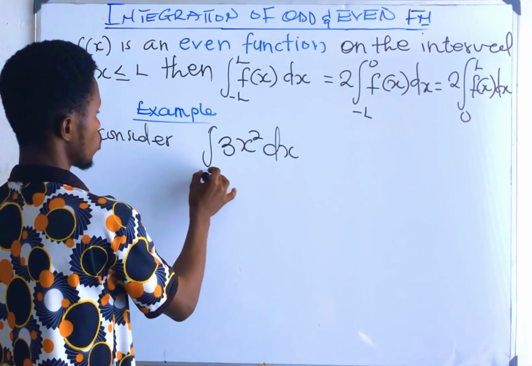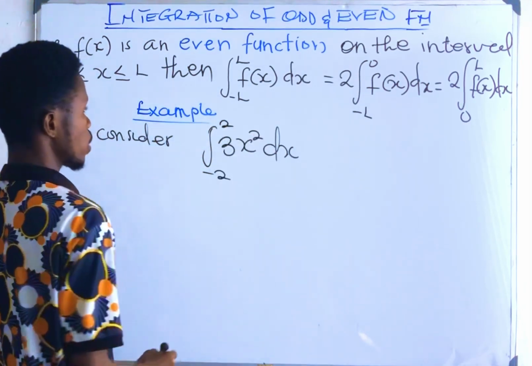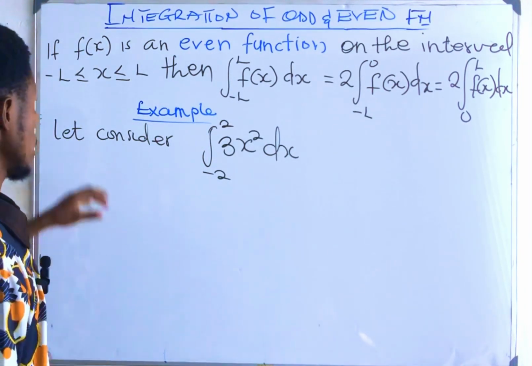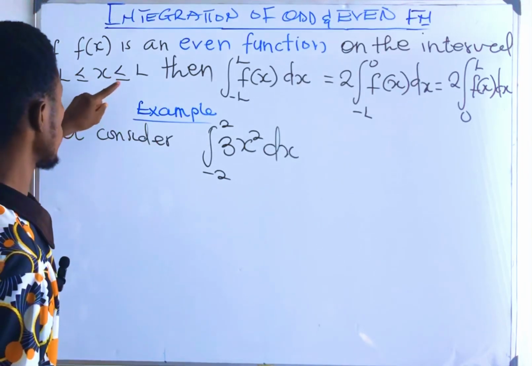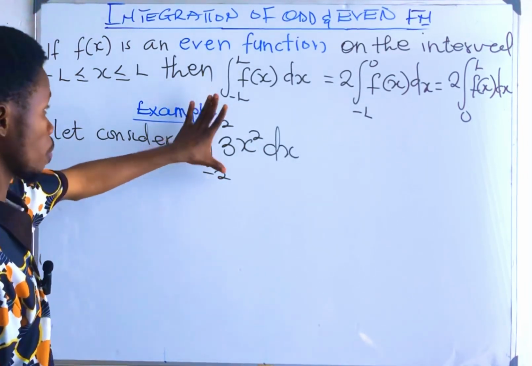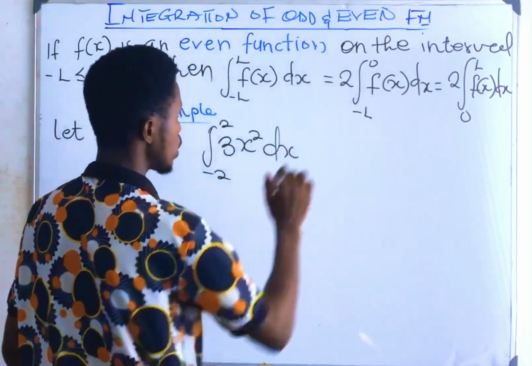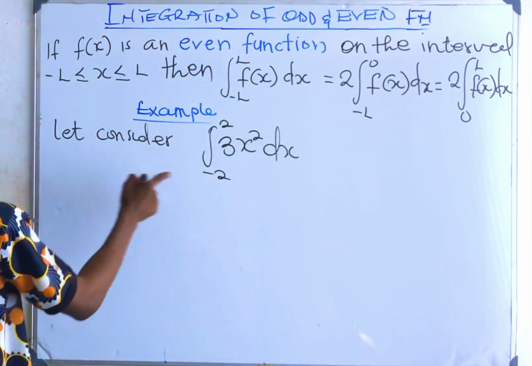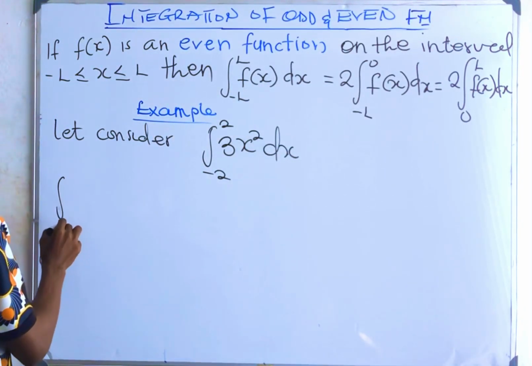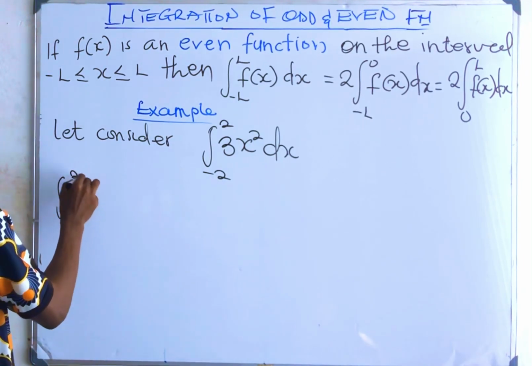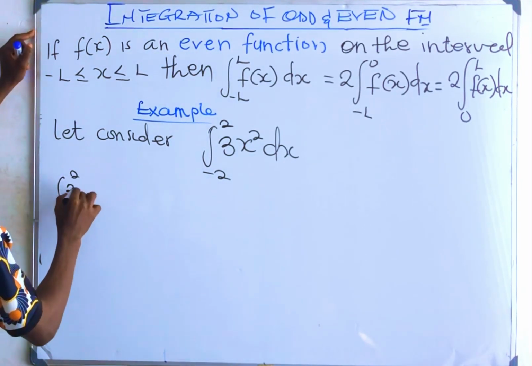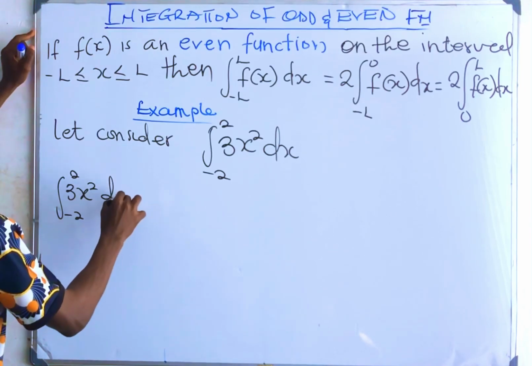I'm picking the limits to be negative 2 and positive 2, because one of the limits should be negative and the other positive. I'm going to prove this to see whether it is true, starting with the integral from negative 2 to 2 of 3x squared dx.